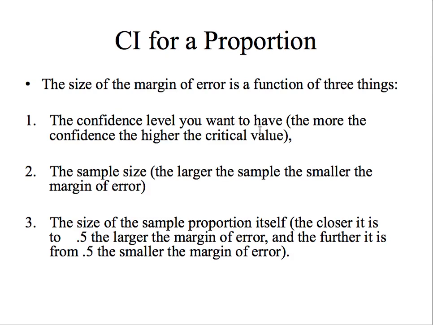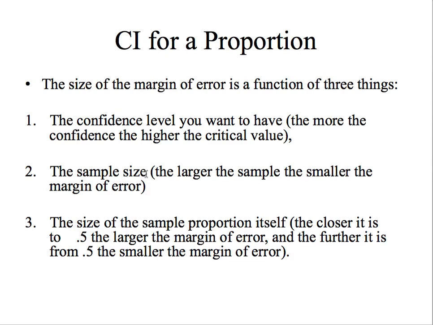This is what gives you the Z. If you want to be 90% confident, your Z is lower than when you want to be 95% confident. So that allows you to reduce the margin of error, but it's less accurate, but it's more precise.